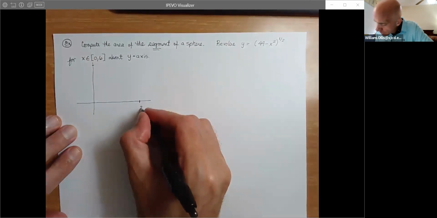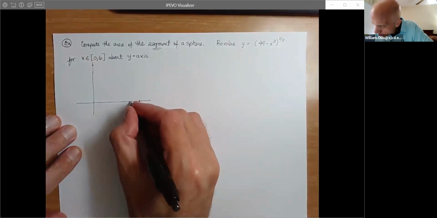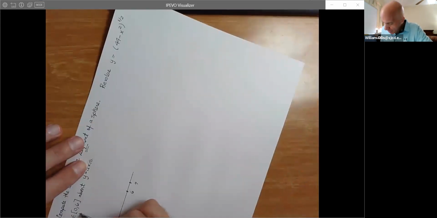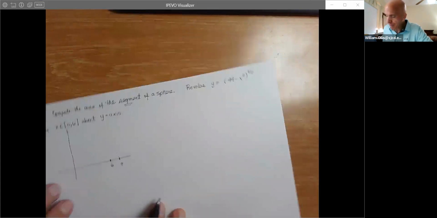So we've got the 7 here, and then I'll just kind of guesstimate a 6 here just so we get a picture. A scale's not exactly perfect. But for instance, we could think of just drawing a circular arc to here.